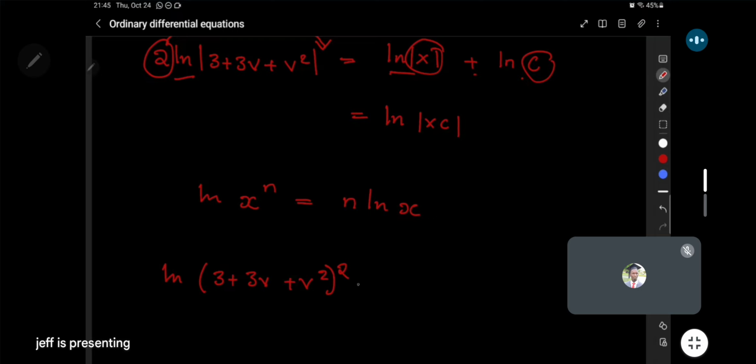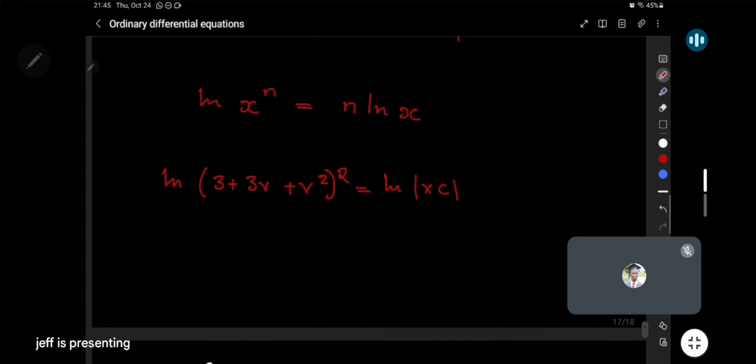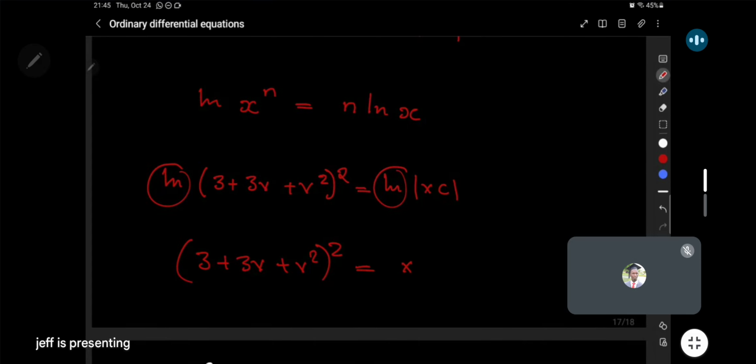Squared there is equal to ln xc. From here, we can now take the anti-ln on both sides, and if we did that, the ln would be sorted out, so that now we have 3 plus 3v plus v squared, all squared, equals xc.